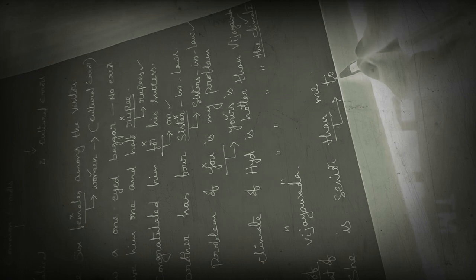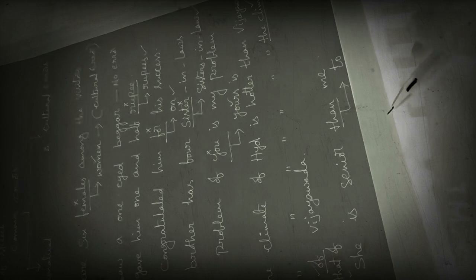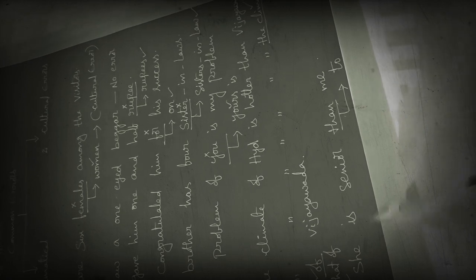Here, instead of than, we should use to. Always prefer to use to when you are going with the word senior. Senior to, junior to, prefer to. This preposition only you should write to correct the sentence, but not than. She is senior than me is wrong. She is senior to me.